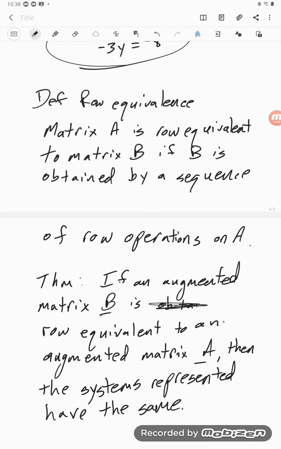I said have the same, I didn't say same what? Same solution. Sorry about that. And so that is how we are going to attack solving systems of linear equations. So there we go.